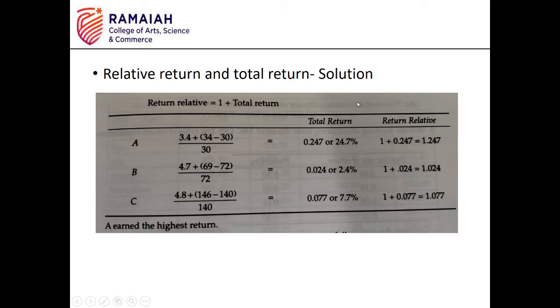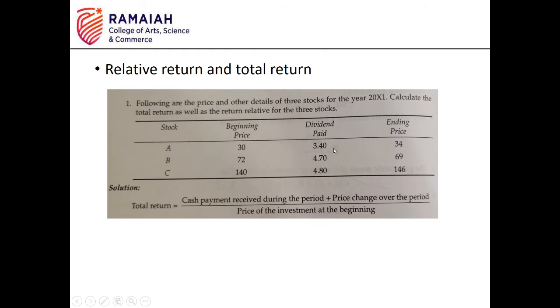First, let's calculate total return. Total return is nothing but, as I just told you the formula, the cash payments received plus the price change divided by beginning price. So 3.4 is the dividend paid, that will be your cash payment received during the year, plus the price change: 34 minus 30, that is 4.